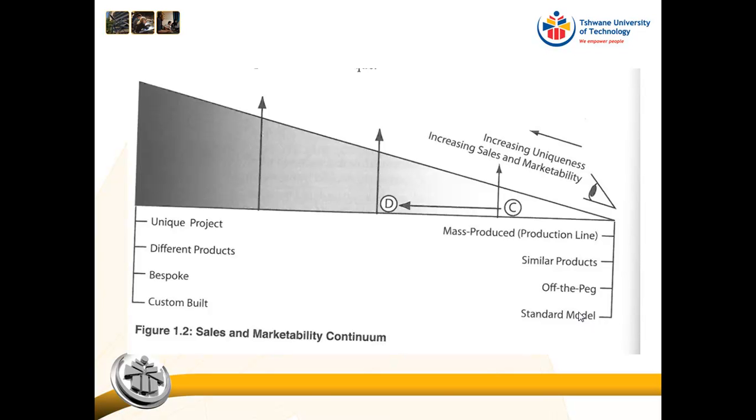So now in the example of the motorcycles, you will now have a standard Suzuki, which is 50cc, which has standard handlebars, it has a standard height from the ground, everything is standard. Whereas on this side you had a custom built motorcycle which is made especially for you.